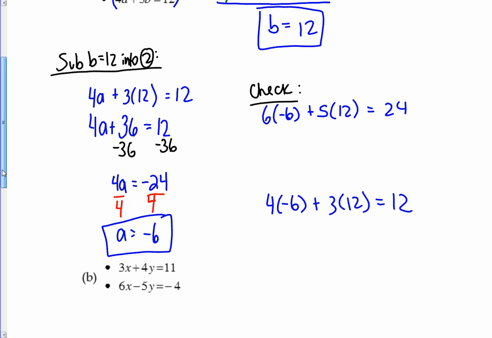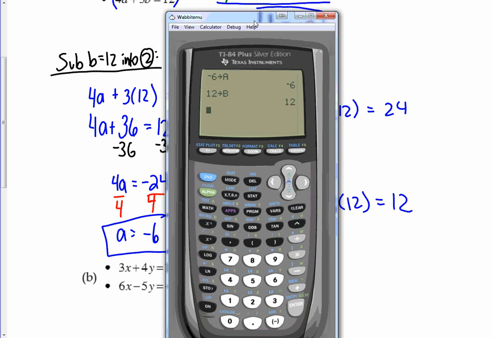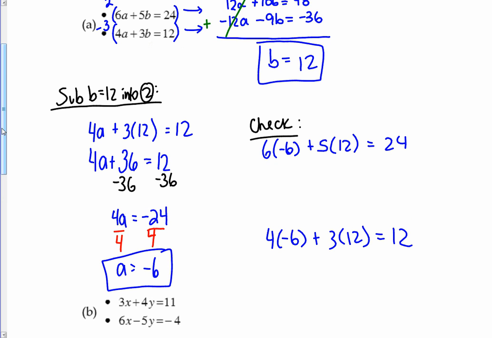Okay, remember I showed you on your calculator you can store letters? Do you remember that? Some of you? So I could actually go by my calculator. I can type in negative 6 and store it as A, alpha A. And I can type in 12 and store it as B. And then my check, where's the original equation?